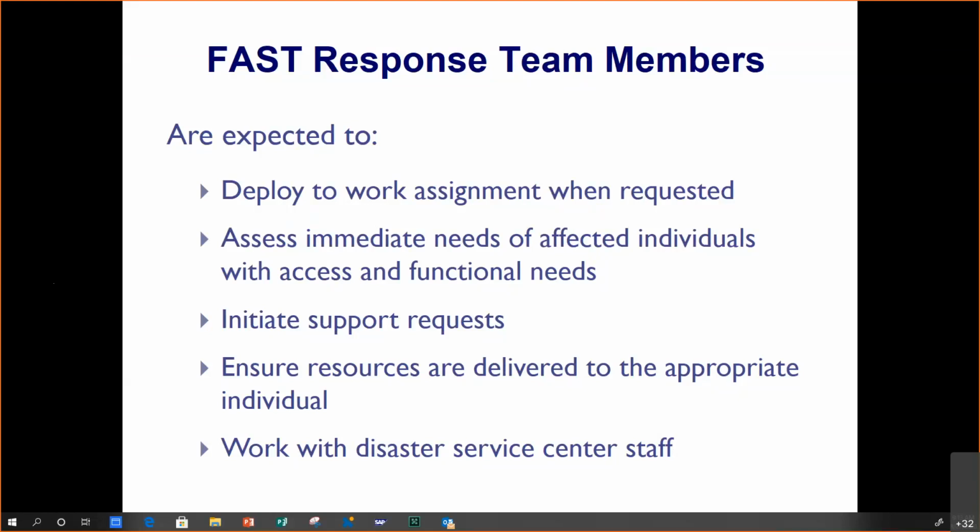You may want to make sure when the resource gets to the shelter that it gets to the individual that needs it. You also work directly with the disaster service staffs, shelters, whether it's American Red Cross or the county. A lot of the shelters have county public health involved. So you'll work directly with the staff there. You're part of their team.